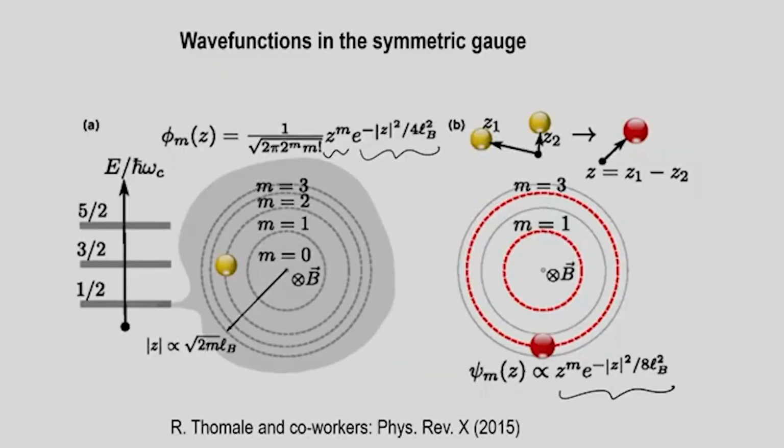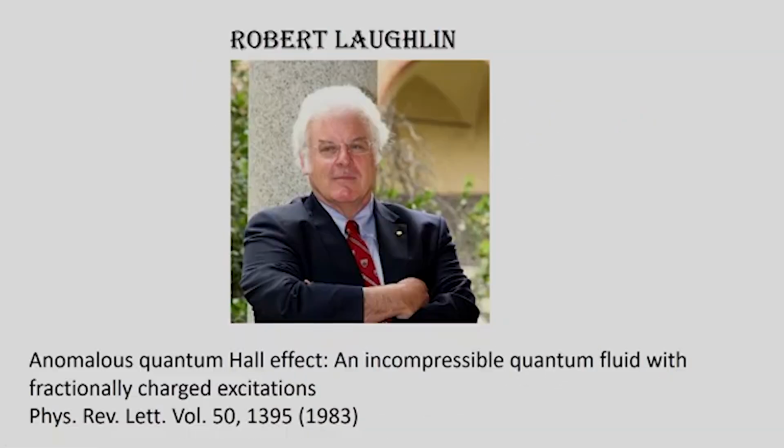It's just a cartoon picture, but it nicely tells you that now the Landau level wave functions are distributed in a circular pattern, and these m are the angular momentum quantum number. There is no great need to normalize these wave functions, and even the unnormalized wave functions carry enough information for our purpose.